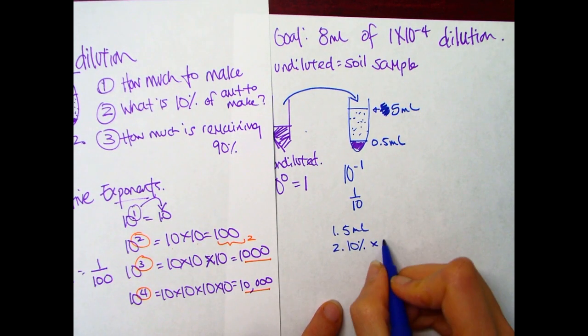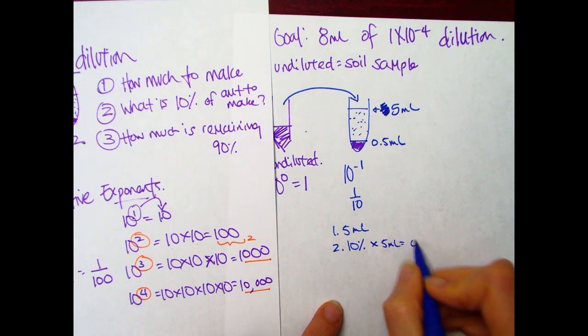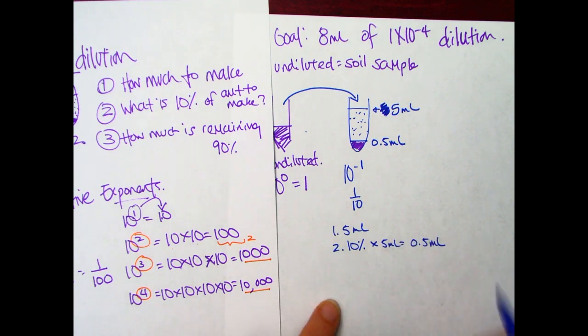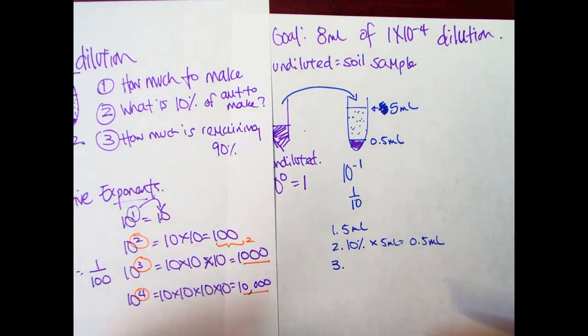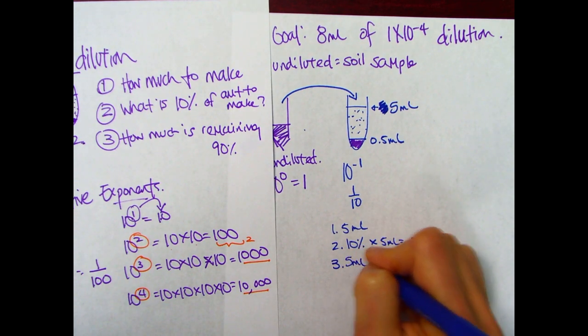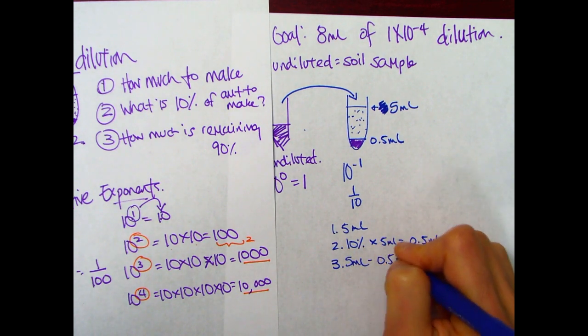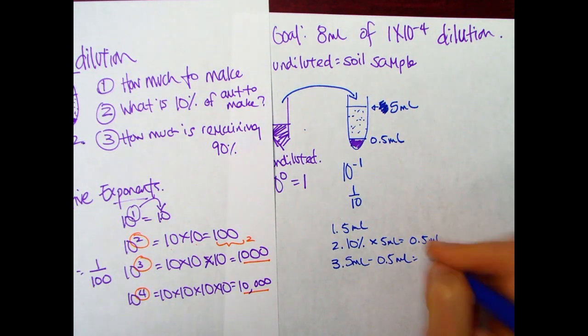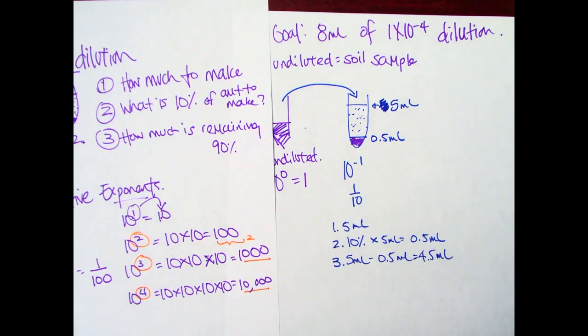So 10% of 5 mils is 0.5 mils. And then the remaining 90%, do not worry if you can't do that in your head, because you can just do 5 mils minus 0.5 mils, which I'm confident you can all do, gives us the remaining 90%, which is 4.5 mils.